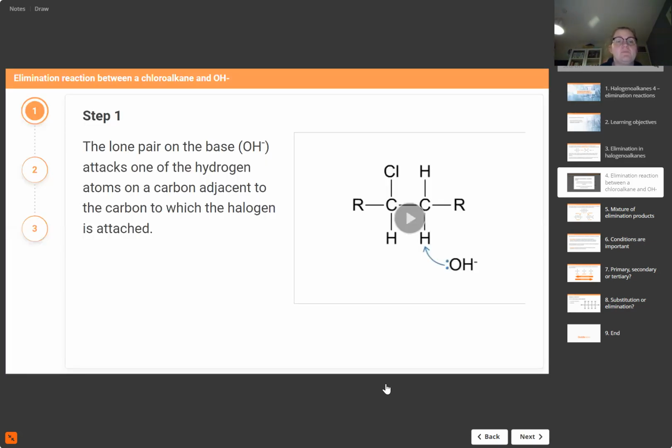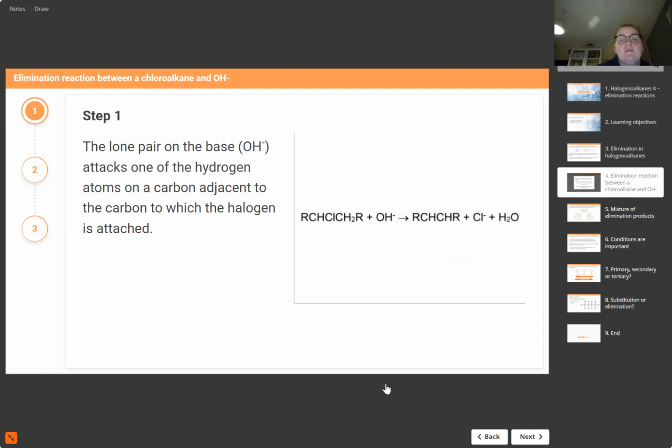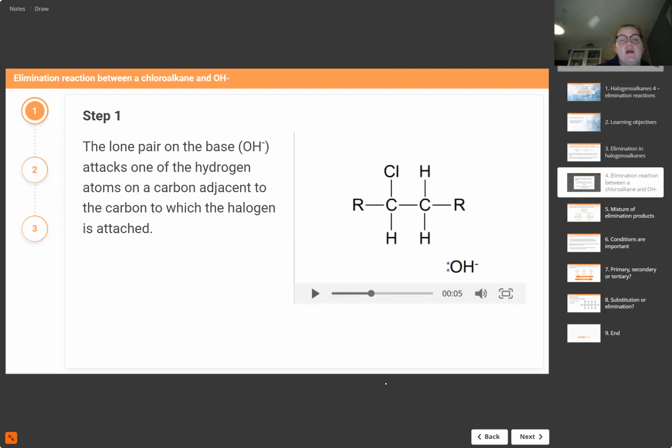So in this situation, we've got the lone pair on our base, because remember, whilst it is a nucleophile, in this situation, our hydroxide ion is acting as a base. So the lone pair on our base, here we go, we've got our hydroxide ion here, that lone pair is acting as a base in this situation, and it is going to attack one of the hydrogen atoms on a carbon adjacent to the carbon with the halogen.